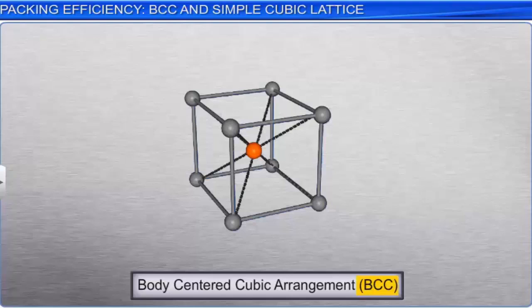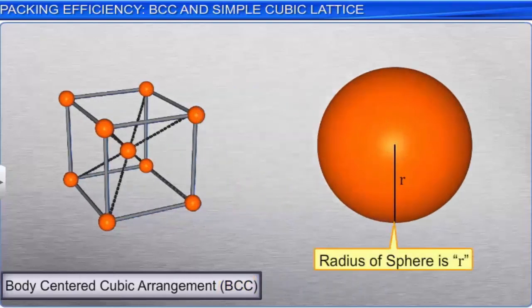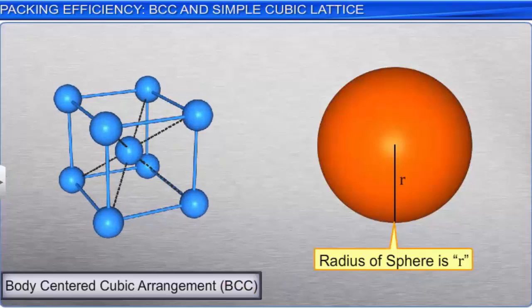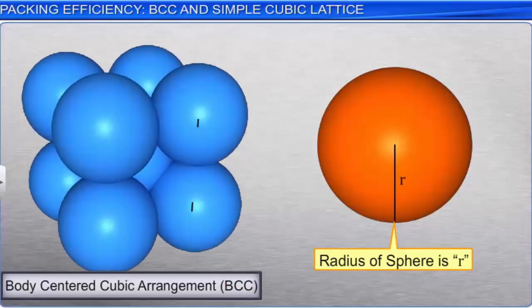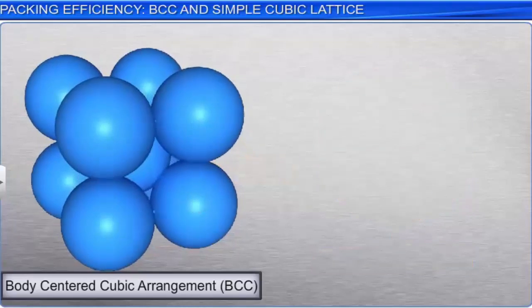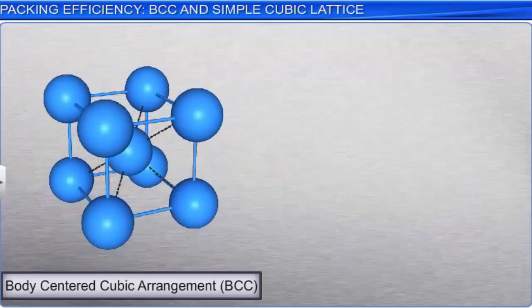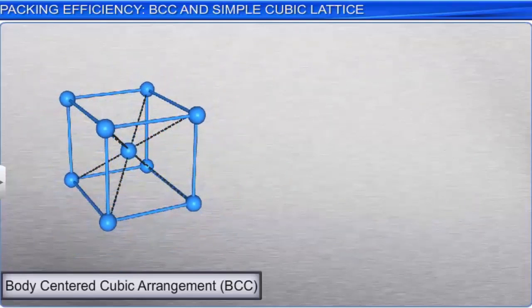Each unit cell has 9 spheres with radius r. The edge length of a unit cell is A is equal to 2r. Among these, 8 spheres are present at the corners, and 1 sphere at the body center of the unit cell, as shown here.